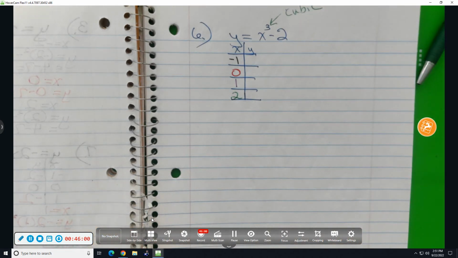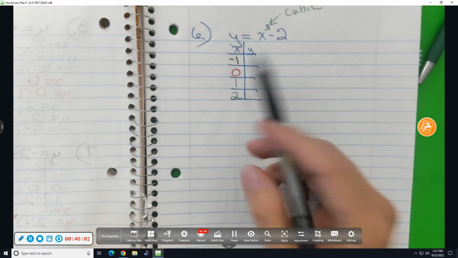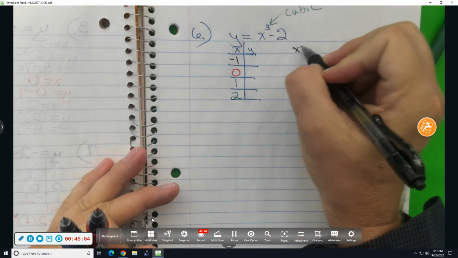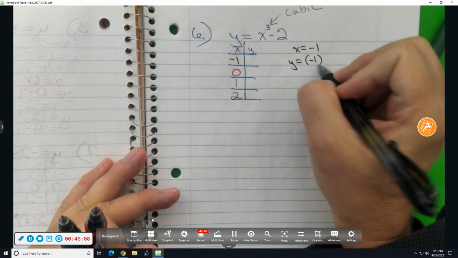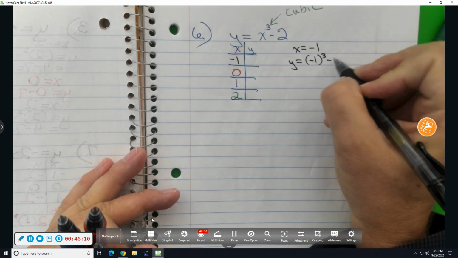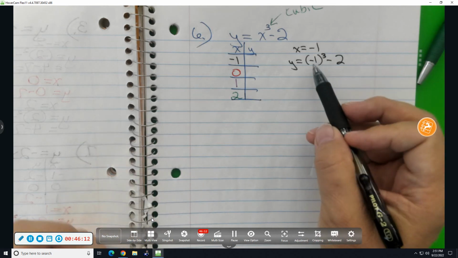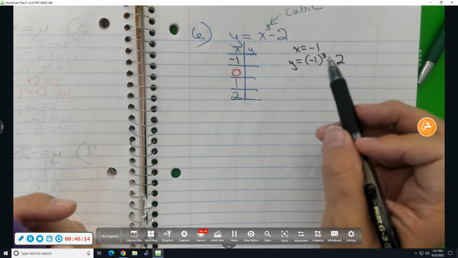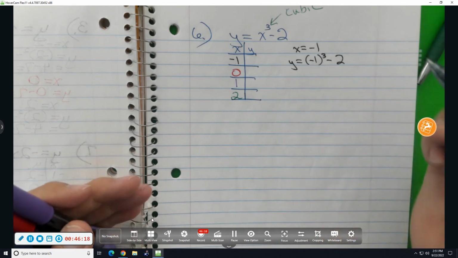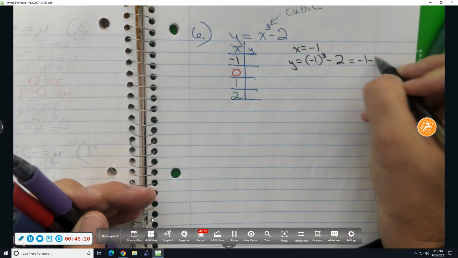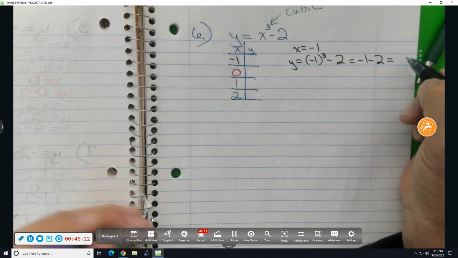So let's get started. We'll plug in negative 1 for x. Plugging in negative 1 for x, we get y equals negative 1 cubed minus 2. Negative 1 times negative 1 times negative 1 gives me negative 1. So negative 1 minus 2 equals negative 3.